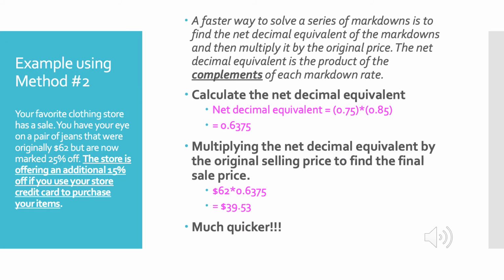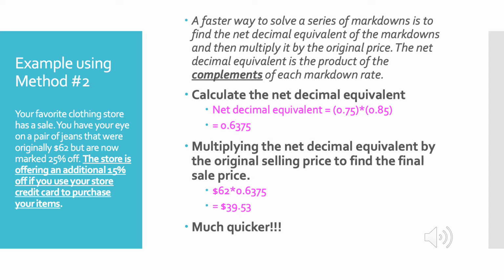Now let's look at our example using method 2. A faster way to solve a series of markdowns is to find the net decimal equivalent of the markdowns and then multiply that by the original price. The net decimal equivalent is the product of the complements of each markdown rate.